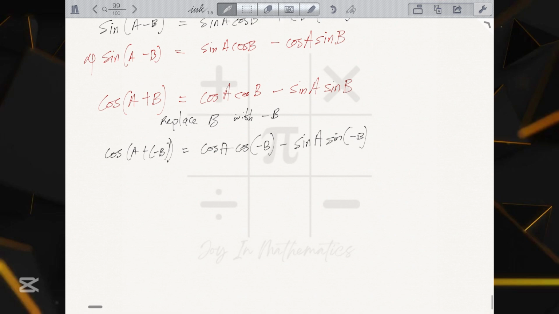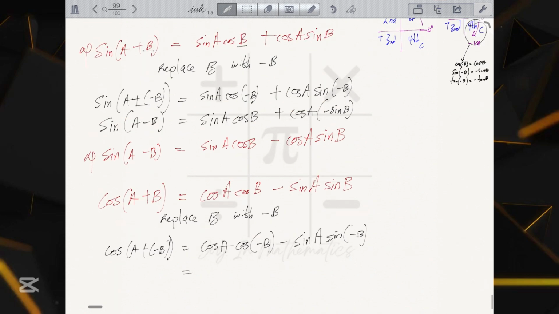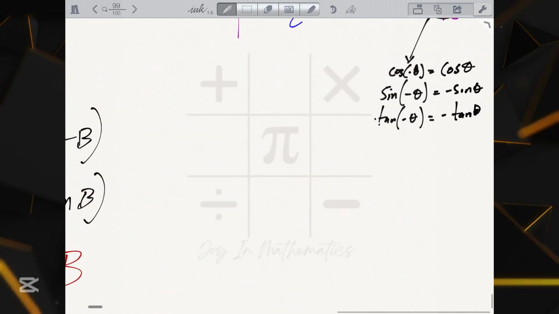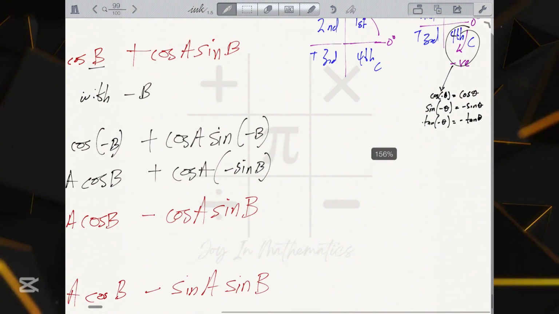So interestingly, cos minus B is the same thing as cos minus theta, which equals cos theta, and sine minus theta is the same thing as minus sine theta.